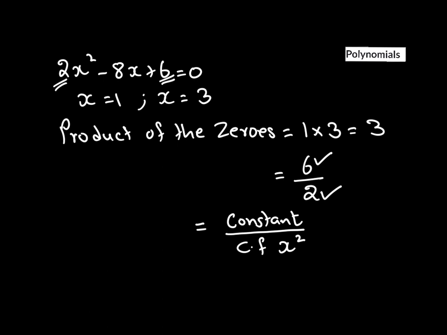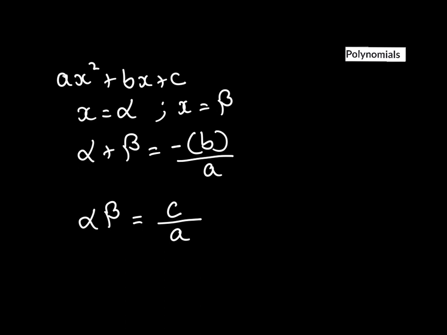So this is how we can figure out the product of the zeros of a quadratic polynomial. So the sum of the zeros is minus b by a and the product of the zeros is c over a.